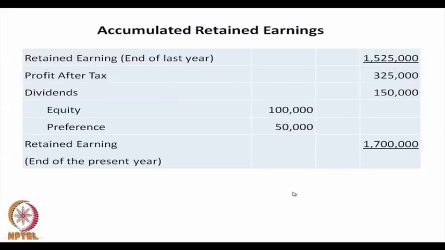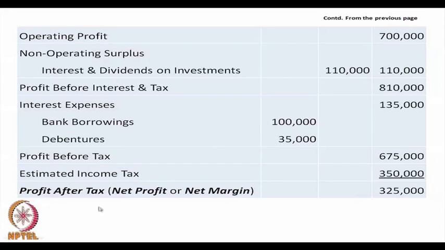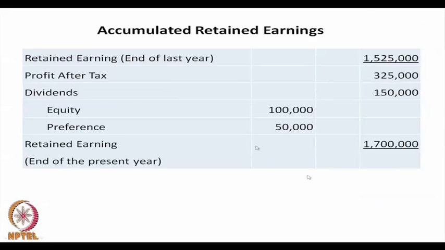Now, from out of this, if you remember, we have to subtract dividends. Profit after tax was 325,000 rupees, and from out of this the company may decide to pay dividends.